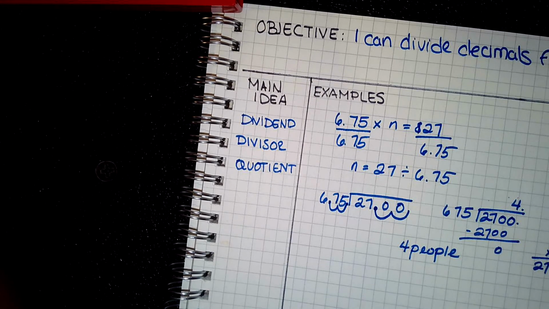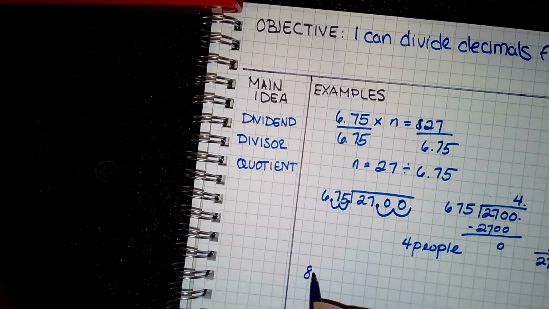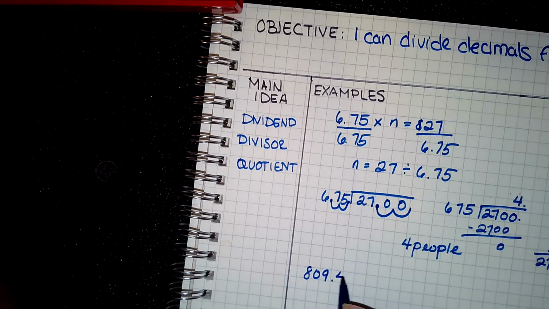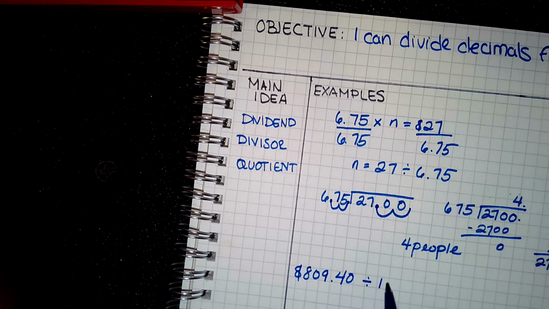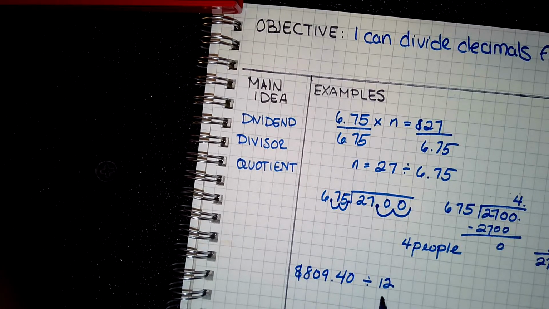So I'm going to estimate 809 and 40 cents, 809.40 divided by 12. So my divisor is 12. I can round that to 10.